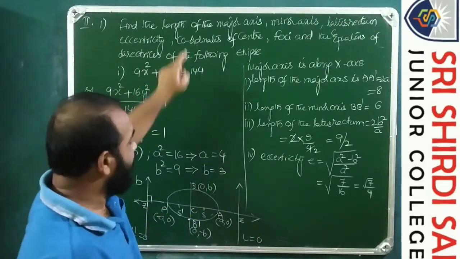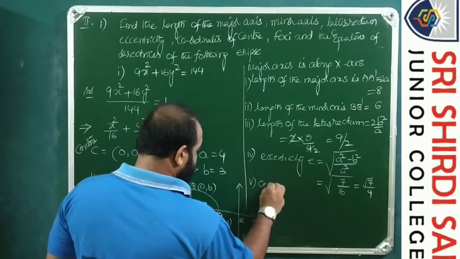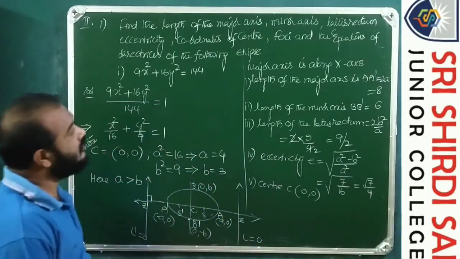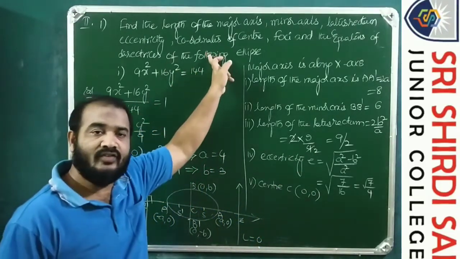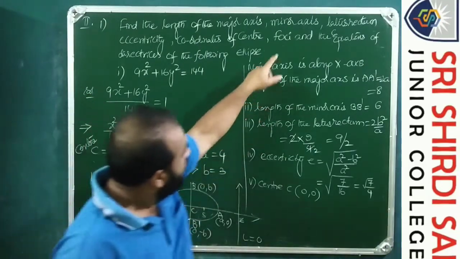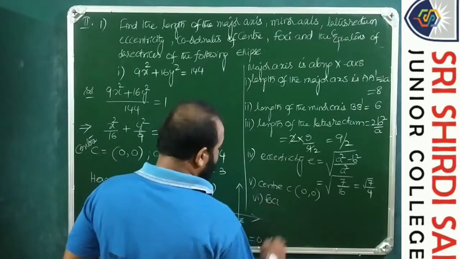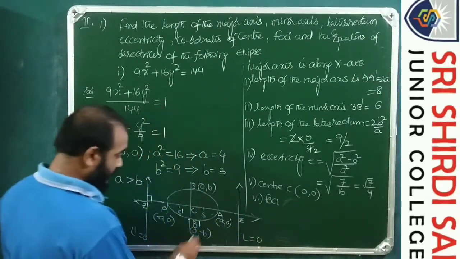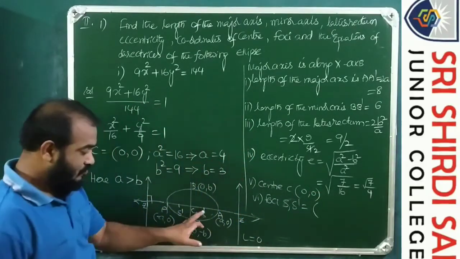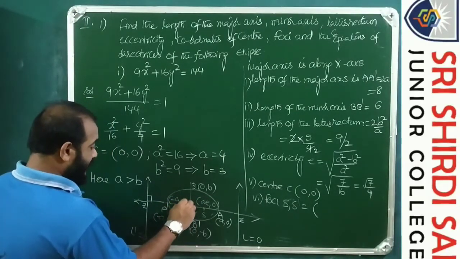So coordinates of center, we have already written it: center C is equals to 0, 0, since this is the standard equation of the ellipse whose center is at the origin. And foci: S comma S dash is equals to, this focus is ae comma 0 and this is minus ae comma 0.